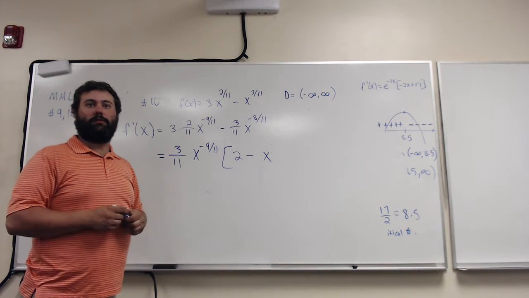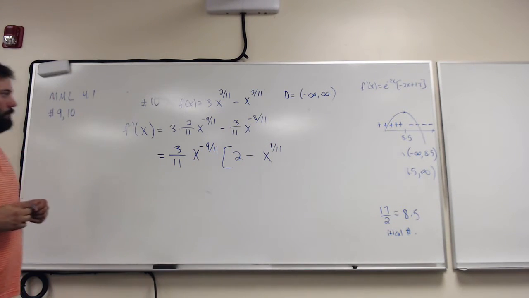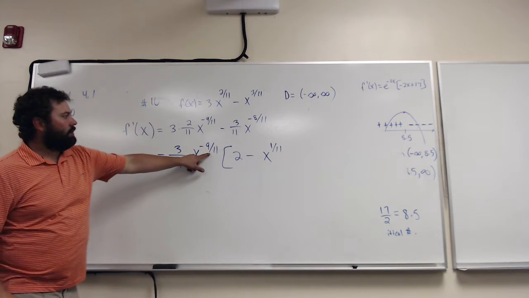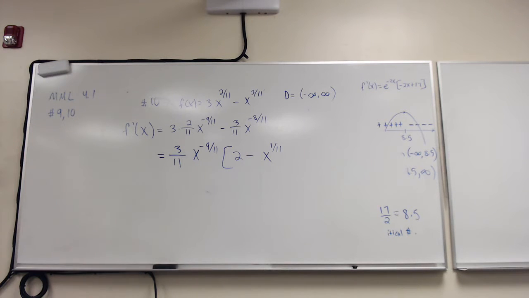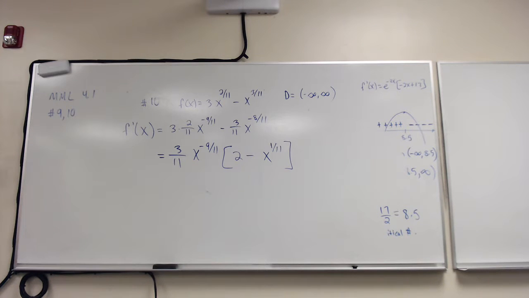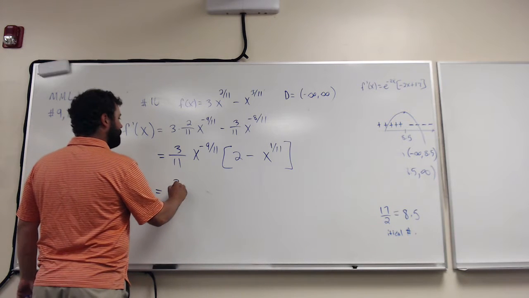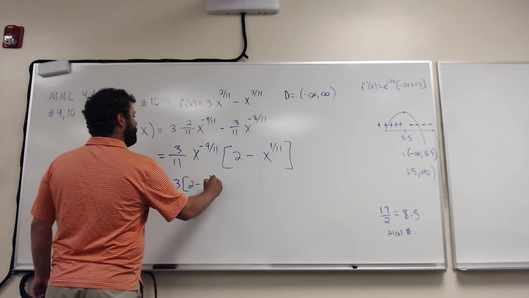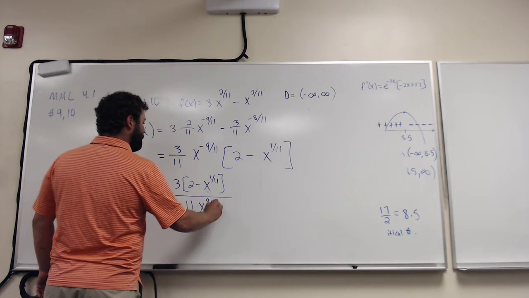It's just factoring in a different way. But this will still be 1/11, because minus 9/11 plus 1/11 will give you minus 8/11. But yeah, that'll work too. It's just, I'm in the habit of always factoring out the lower power. But not everything I do is going to be the same as what they do in the question help. There's more than one way to do these. And now when you get rid of negative exponents, you're going to have 3 times 2 minus x to the 1/11th, and in the bottom, you're going to have 11x to the 9/11ths.